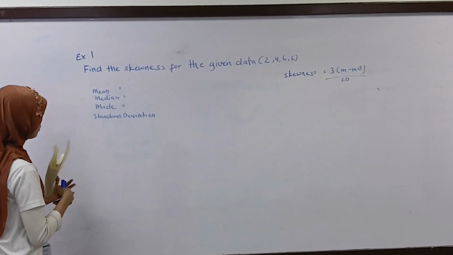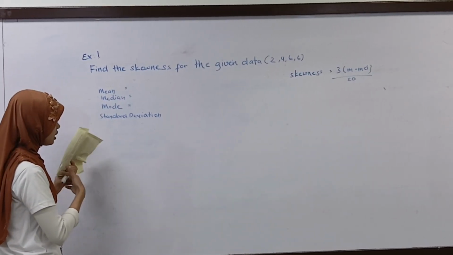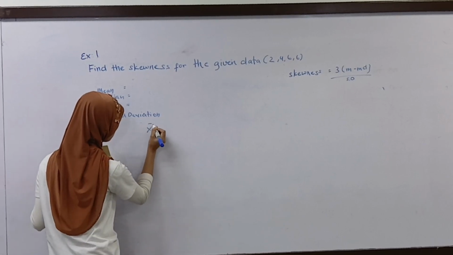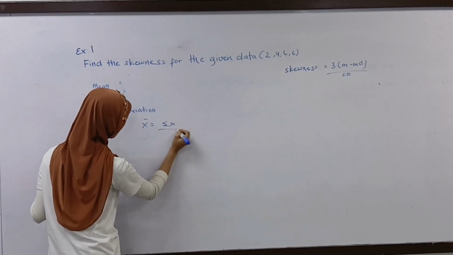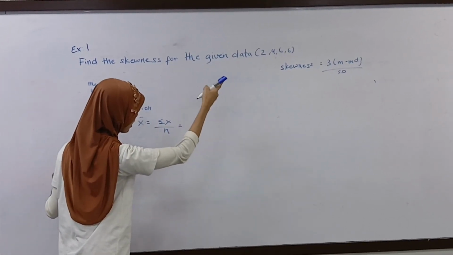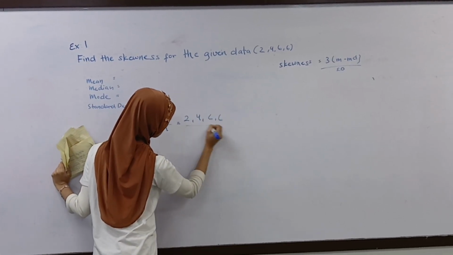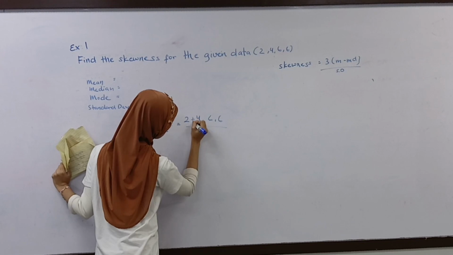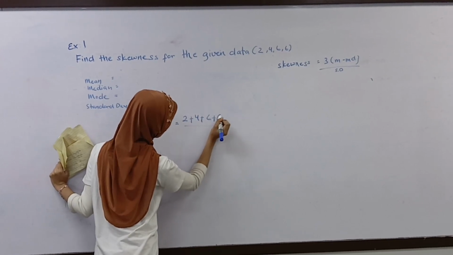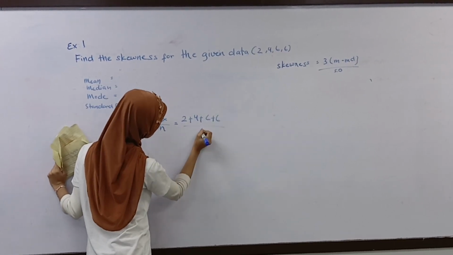For that, we need to first find the mean. The mean is equal to the summation of x over n, where the x values are 2, 4, 6, 6. We need to add these over n, which is 4.